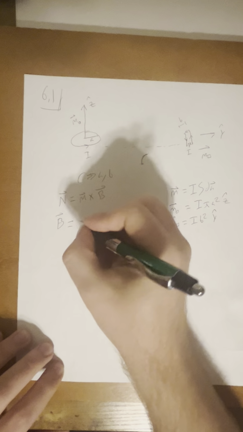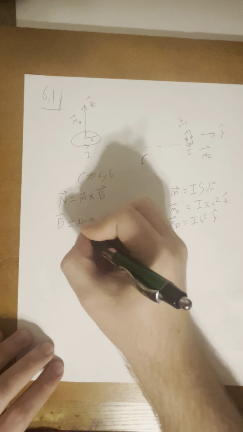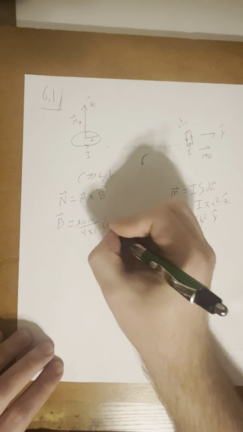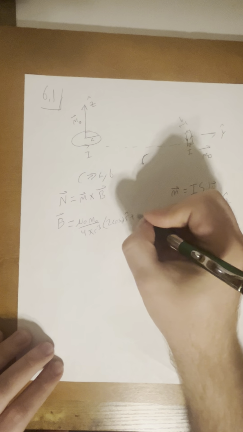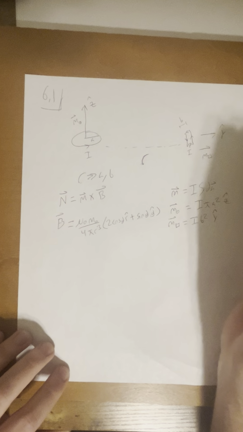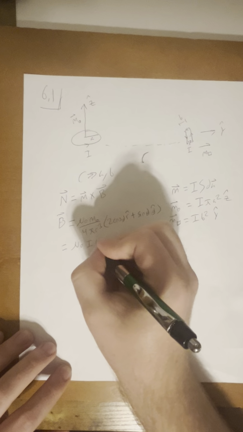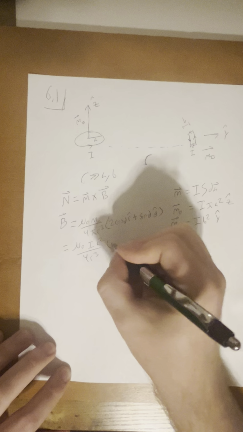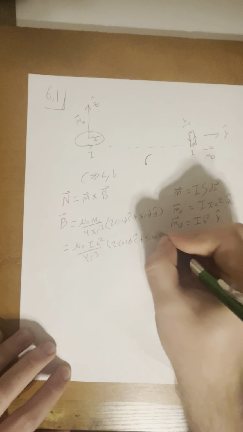So B is equal to mu naught times M circle over 4 pi r cubed times 2 cosine theta r hat plus sine theta theta hat. All right, which is equal to mu naught I a squared over 4 r cubed, the pi's cancel, times 2 cosine theta r hat plus sine theta theta hat.